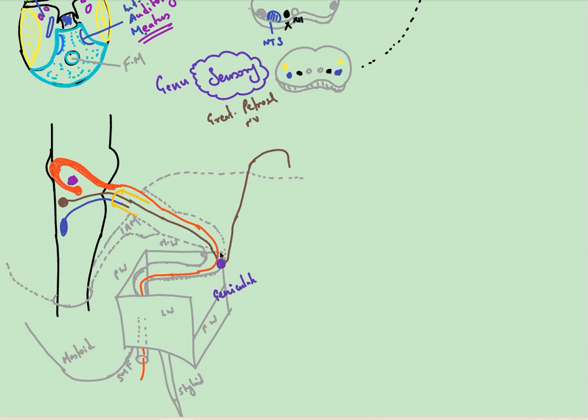So it will move out as the greater petrosal nerve, and I'm just going to write it as GP, greater petrosal nerve, and then it is going to enter the foramen lacerum. Tell me, is that understandable or not? Okay, so yes, it is going to enter the foramen lacerum.